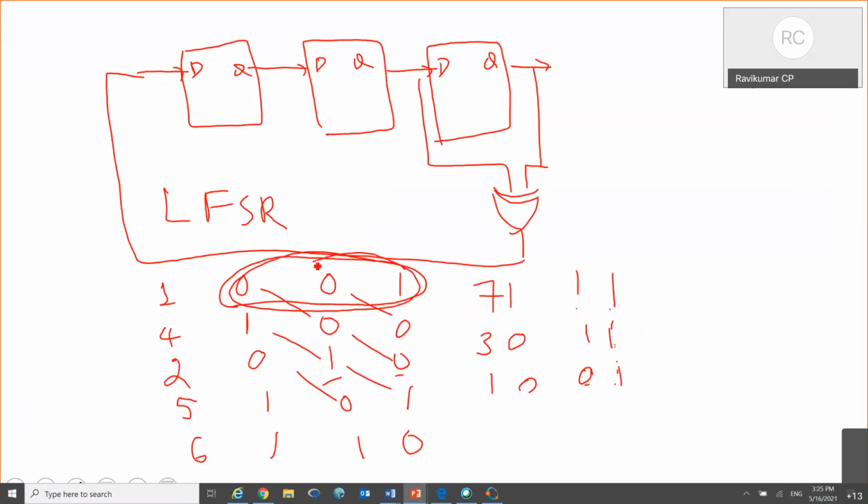But if I don't tell you the seed, then the next number is hard to predict. Okay. So this is useful in generation of random numbers or random data.